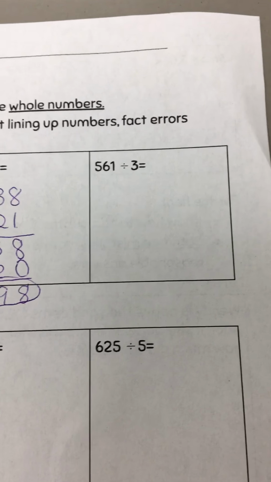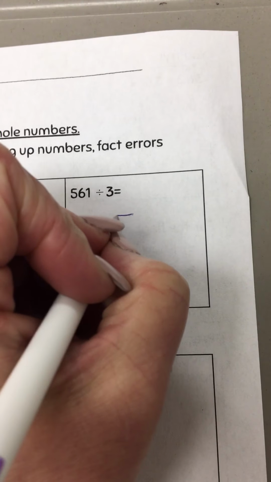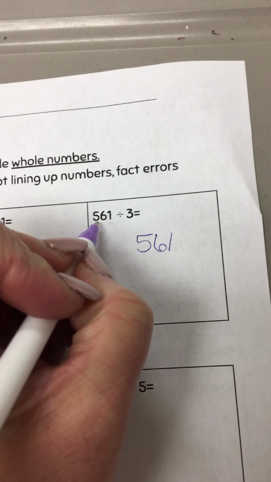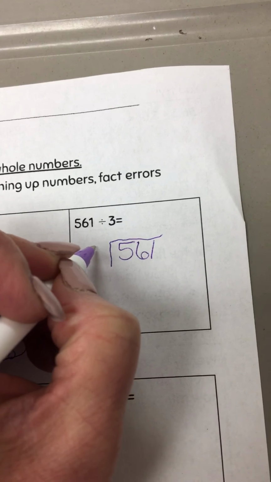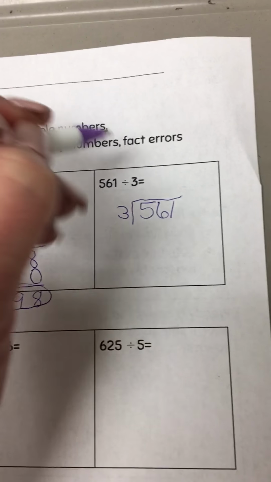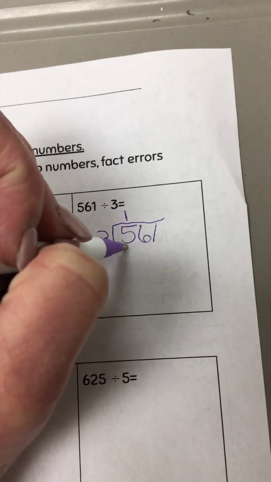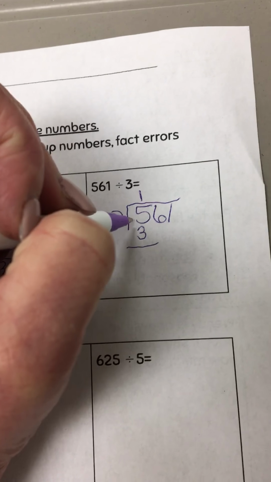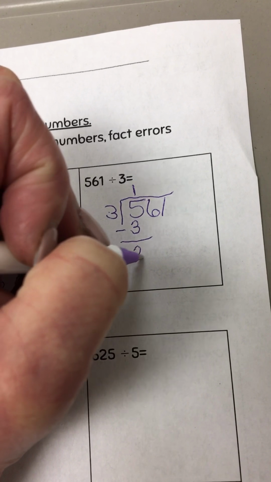Okay. And lastly, I'm going to be doing division with whole numbers. So we're going to go ahead and set up our problem as 561 divided by 3. This is division, so this is my total, and I'm dividing it into groups or parts. So I can fit 1 three into 5. 1 times 3 is 3. 5 minus 3 is 2.